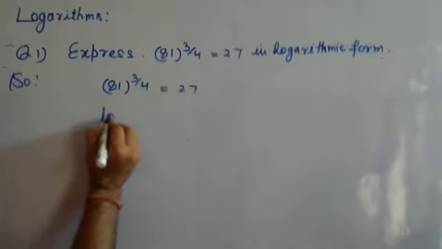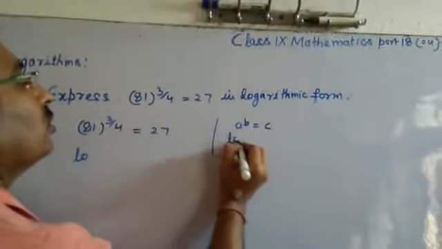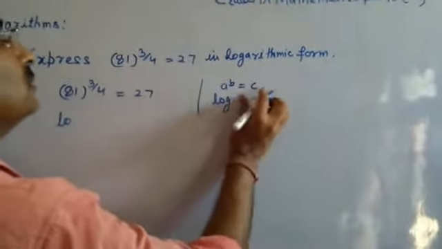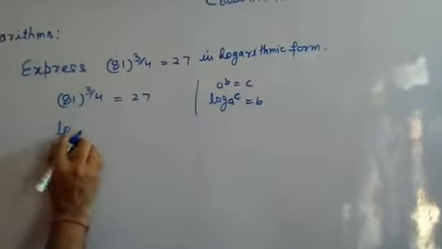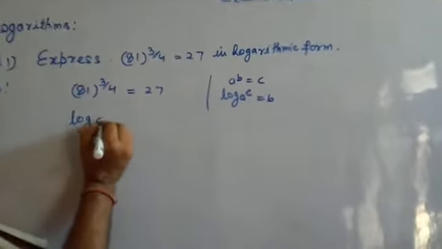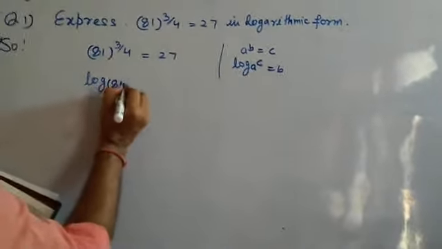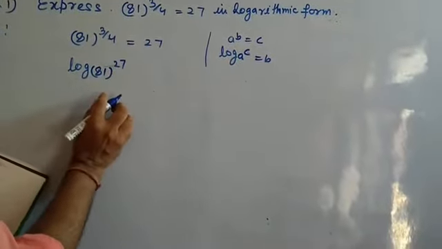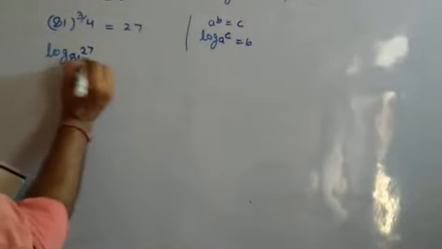Therefore, we know that as a power b equals c, log c at base a equals b. In the same way, log 27 at base 81 equals 3 by 4.